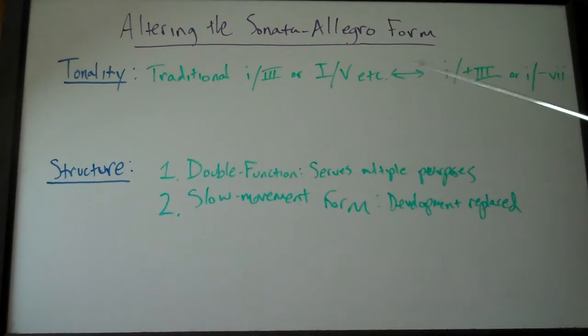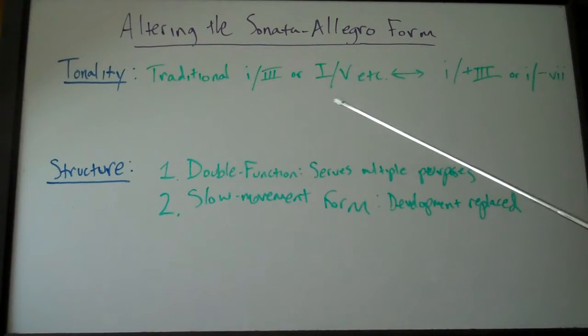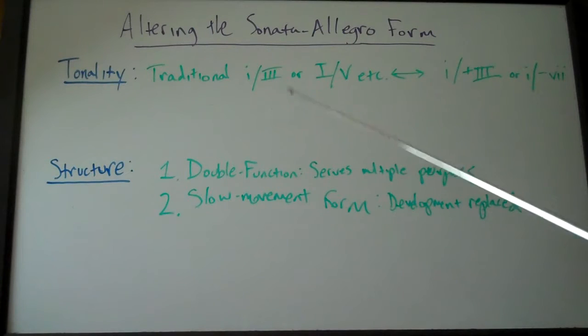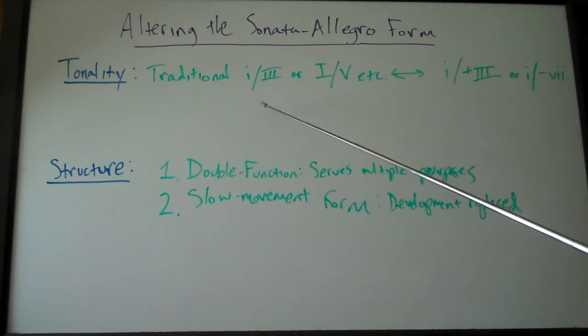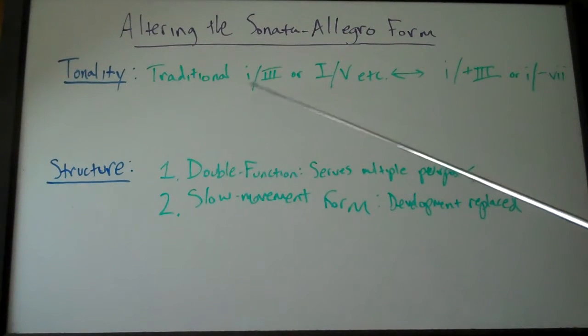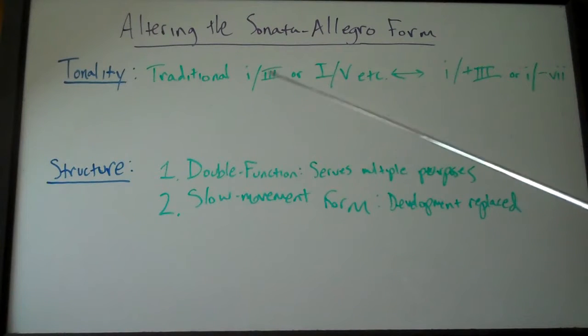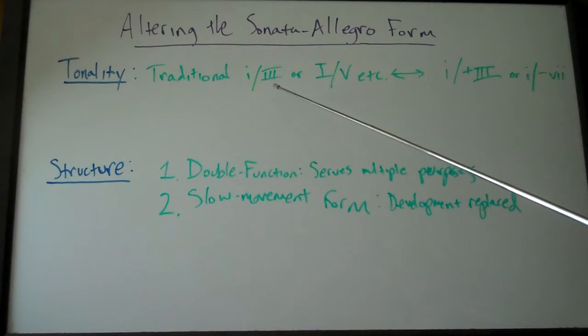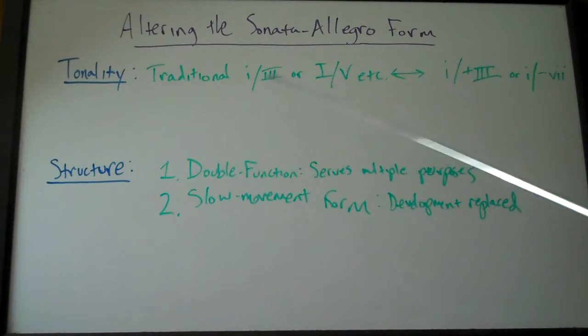So the first area is in tonality, because traditionally for writing the primary theme in a minor key, we would usually use the relative major. So for instance, A minor would become C major for the subordinate theme.